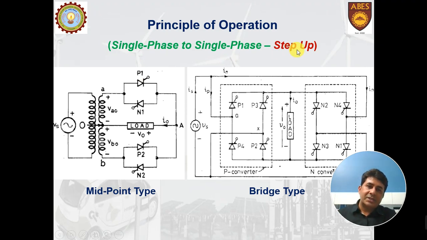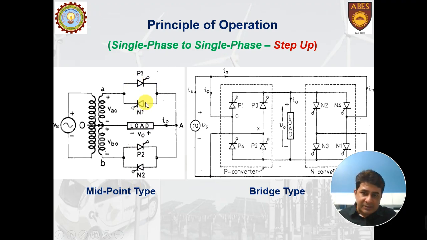So let's first try to understand how this converter performs the operation for step up. Among these two configurations, the very first is the midpoint type. In the midpoint cycloconverter, we have four devices. Basically, we have two sets of anti-parallel connected thyristors.